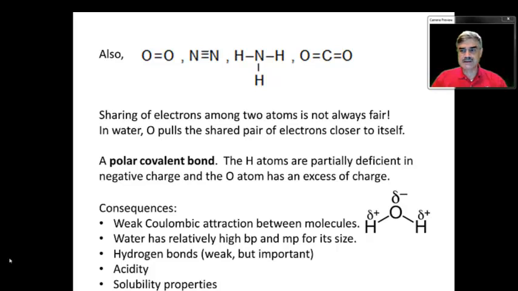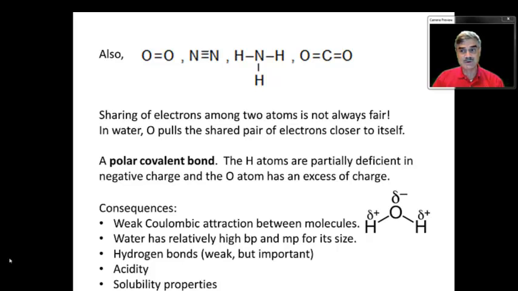But oxygen is essentially an electron hog. That is, it just wants everyone else's electrons. It has what we call a high electronegativity. It likes electrons.